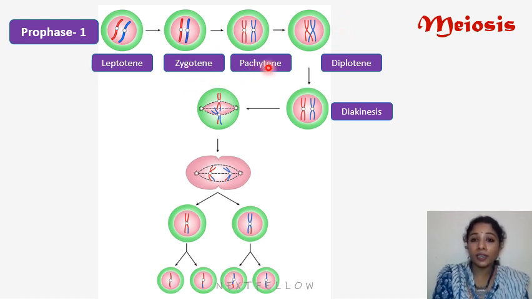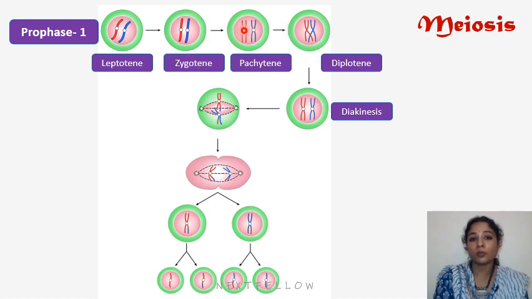Next, regarding the pachytene, this stage is very long and may extend even for years, and it is characterized by the chromatids of each chromosome becoming visibly separate. We are not able to distinguish the chromatids in leptotene and zygotene, but here we can see they are separated, and each bivalent chromosome thus appears to have 4 chromatids, called a tetrad.